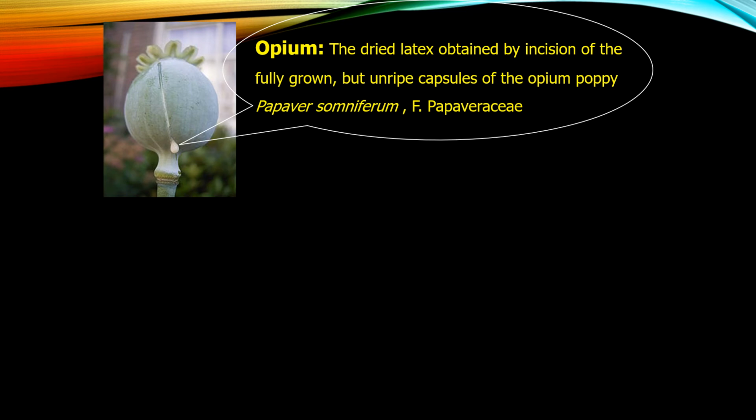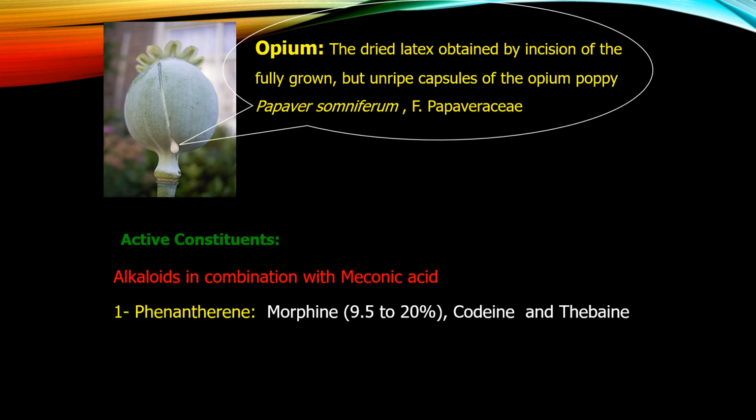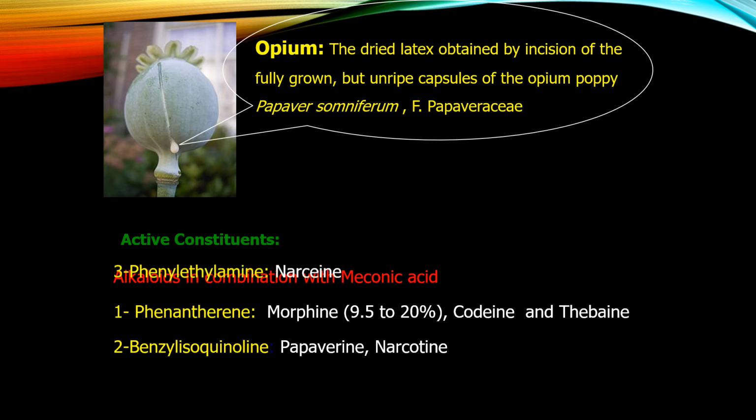The opium resin, obtained after incision of the papaver fruit, is the dried latex obtained by incision of the fully grown unripe capsules of the opium poppy or Papaver somniferum fruits, family Papaveraceae, also containing alkaloids and meconic acid: phenanthrene alkaloids such as morphine, codeine, and thebaine, benzyl isoquinoline alkaloids such as papaverine and narcotine, and a phenylethylamine alkaloid.